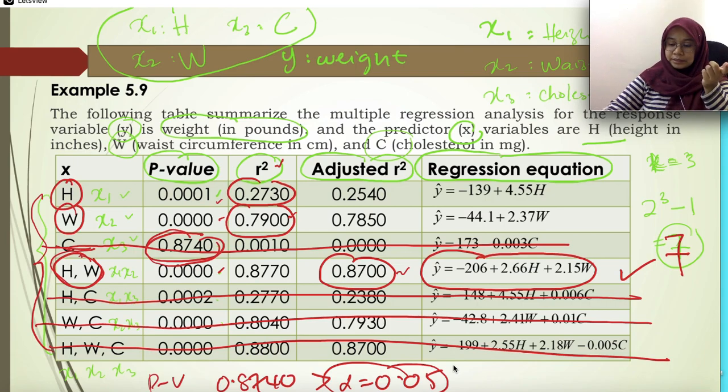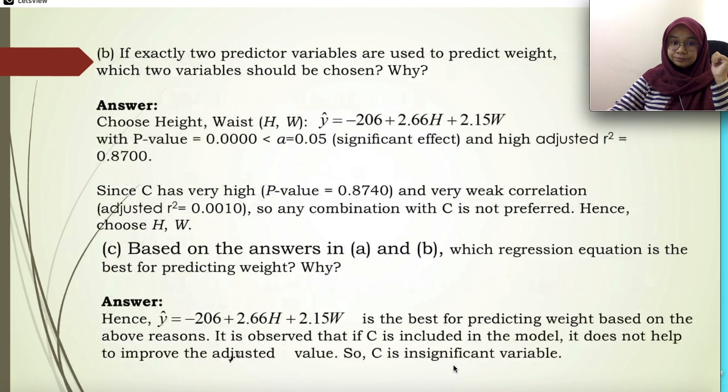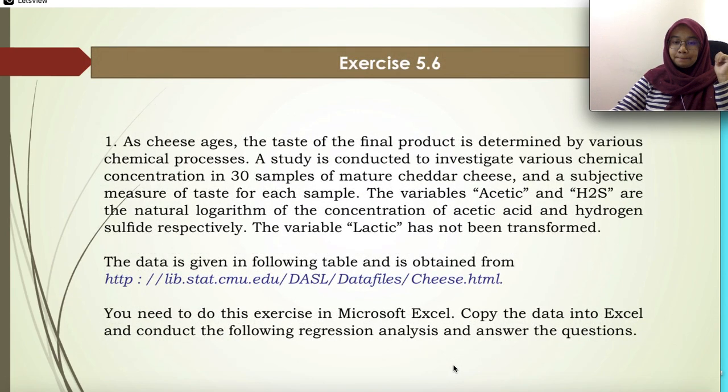The highest here is 0.87, which is HW. So the best model is this one. We talk about the model, we talk about the equation. Okay, so this is the solution just now. The best model is HW because of the smallest p-value and the highest R square.